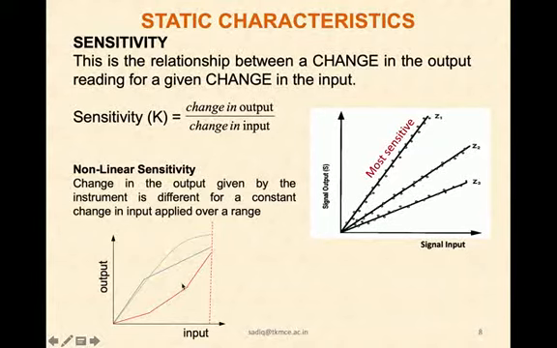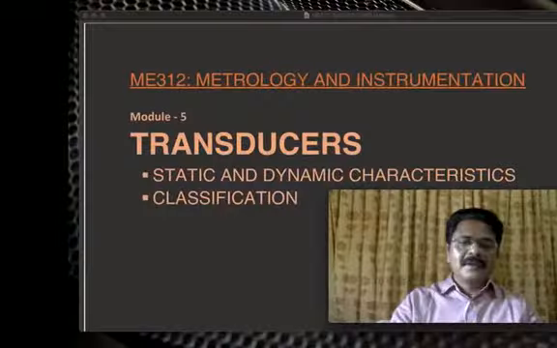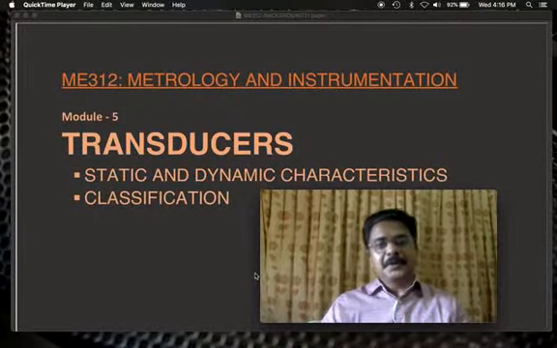I'll give a typical example. Imagine you are going to a petrol pump to fill petrol in your bike, say for 100 rupees. If the tank is empty, even if you fill petrol for 100 rupees, the gauge reading may not show appreciable variation. That means for a particular input of petrol, the variation shown by the instrument is not that good.